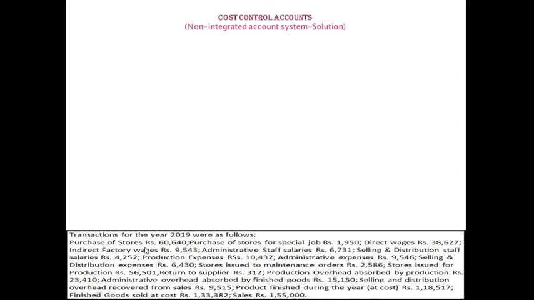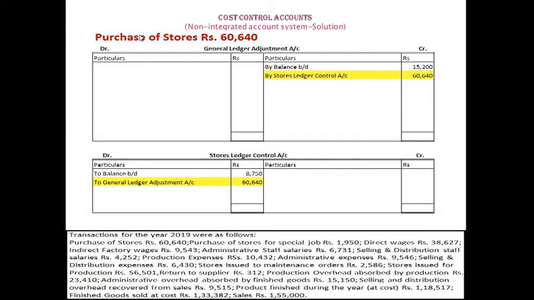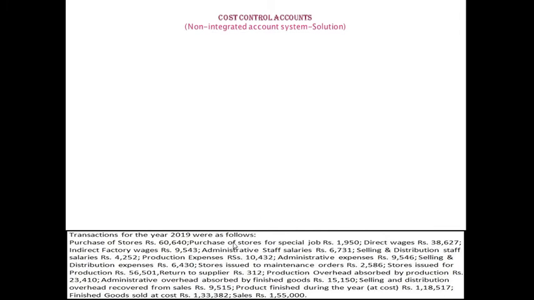First one is purchase of stores 60,640. Just see, general ledger adjustment account credit side, stores ledger control account debit. Next one is purchase of stores for special job 1,950.